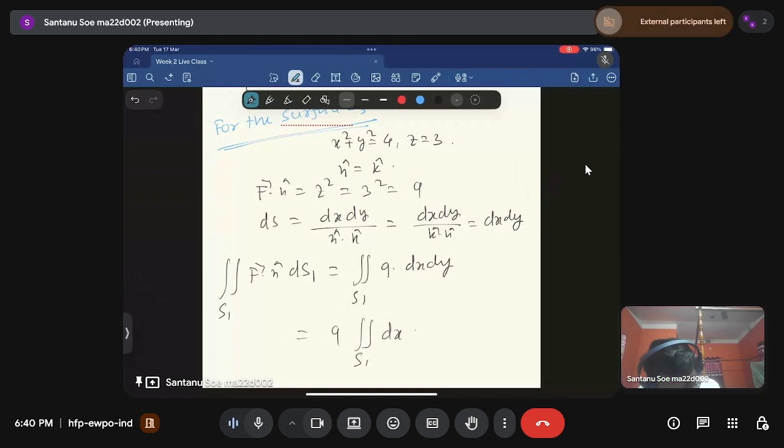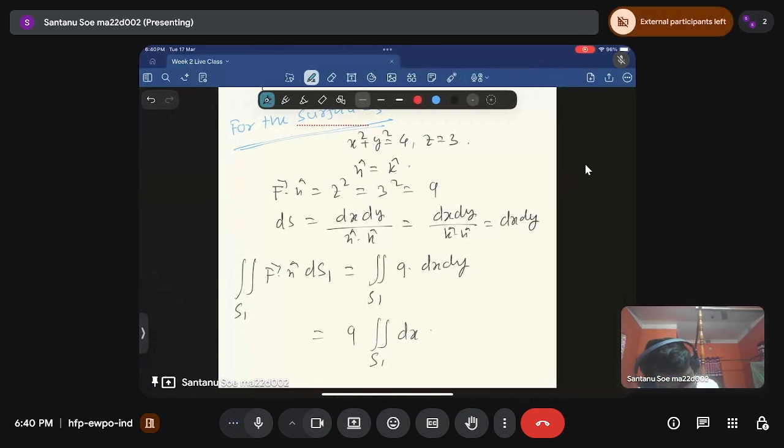So the whole surface integration over S is changed into 48 pi. So this is like over S1 f dot n dS1, plus over S2 f dot n dS2, plus over S3 f dot n dS3.